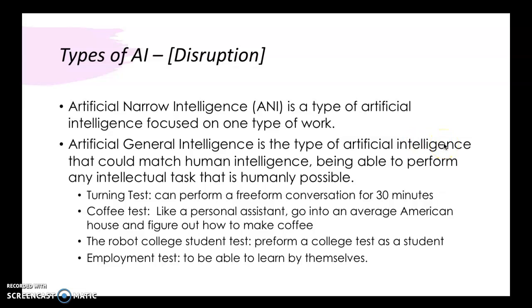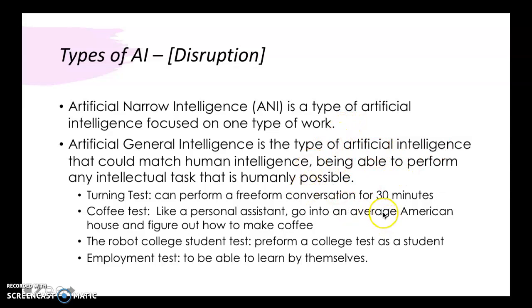But now we're using narrow intelligence, which means the machine or robot can do only one type of work, and can do repeating work for that particular type of work. For example, a cooker can only cook. So it's more focused on one type of function or task.